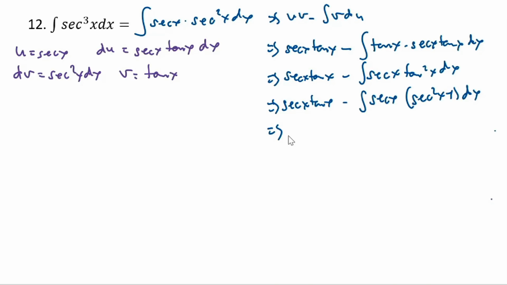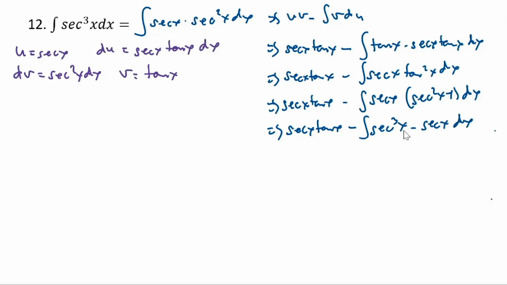Simplifying again the second term, I will just rewrite the first term first. So we have secant x tangent x minus secant times secant squared, we have secant cube x. Then secant x times negative 1, we have secant x dx.